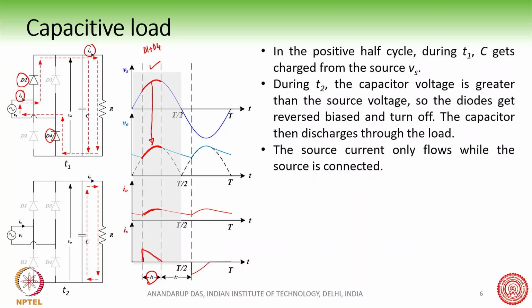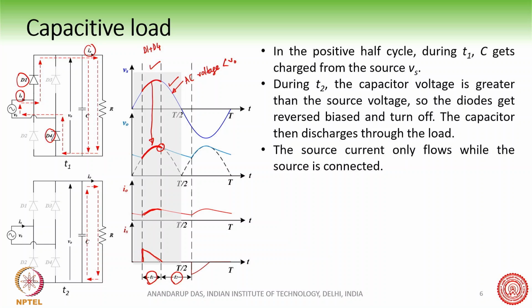After this point, during T2, the AC voltage, that is this part of the voltage, is less than the output voltage. This is the voltage at the output at the beginning of T2, and the AC voltage is less than V0.